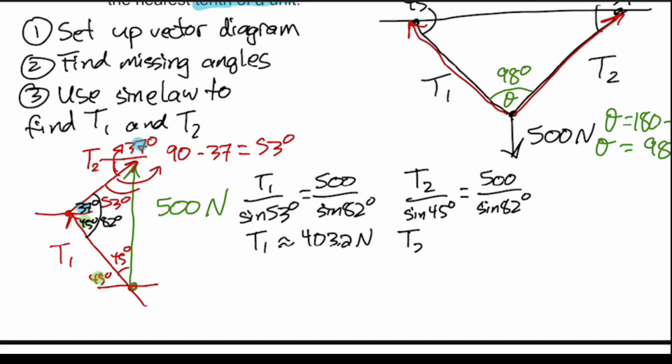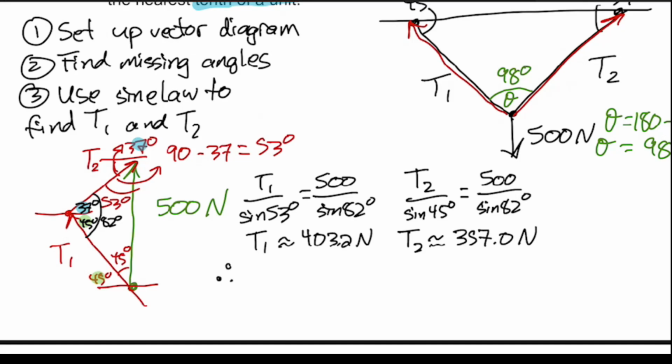Once again, I'm just going to talk through the rearranging. I'm not going to show it all. So T2 is equal to 500 times sine 45 degrees divided by sine of 82 degrees. And we get a value there of approximately 357.0 newtons. And I think that's all we had to do. Technically, the question wasn't complete. It didn't tell us what to do, but what we actually had to do was find the tension in each wire.